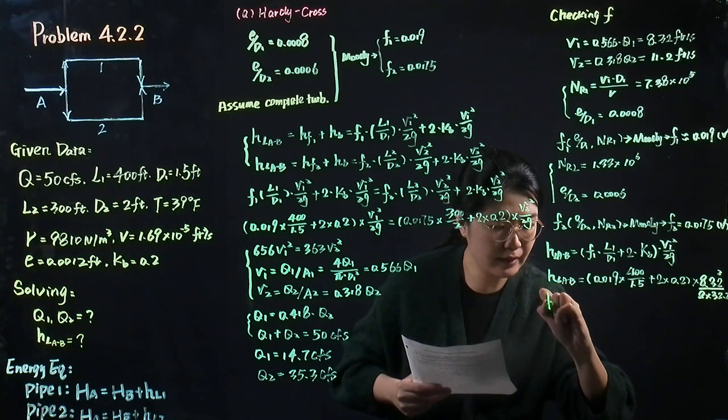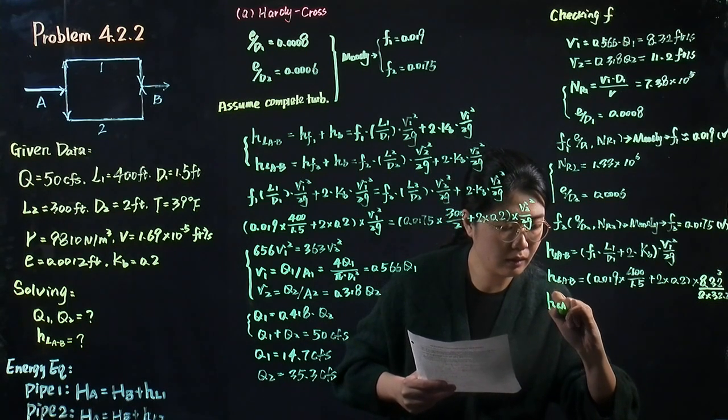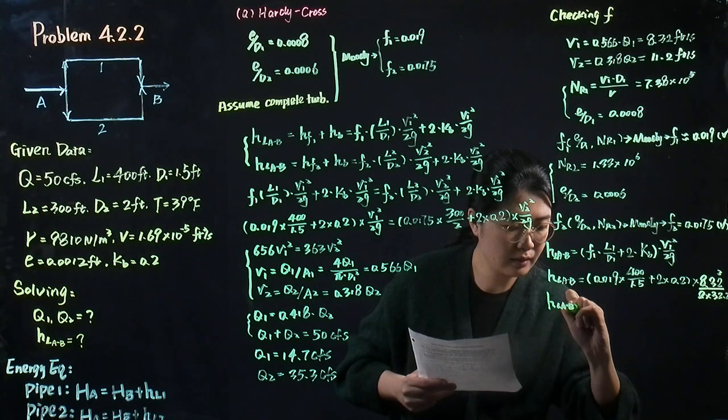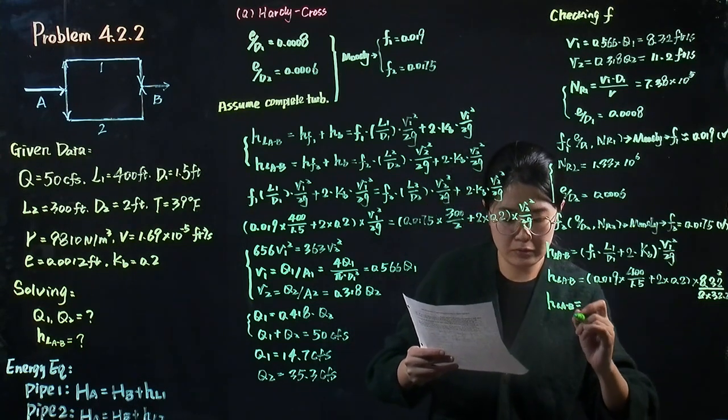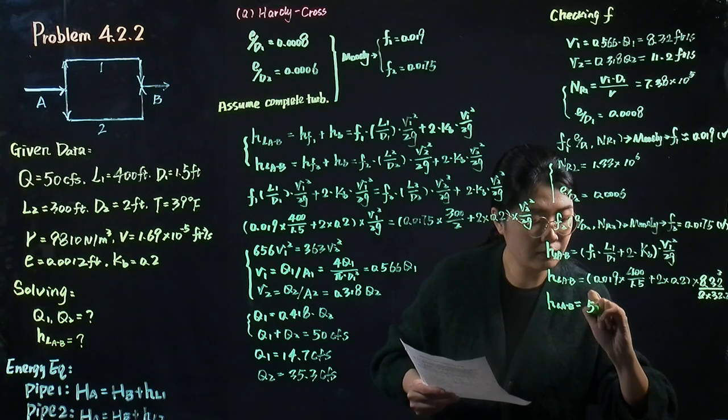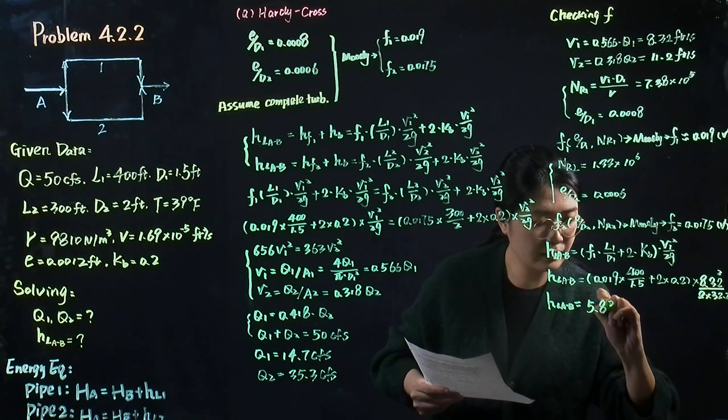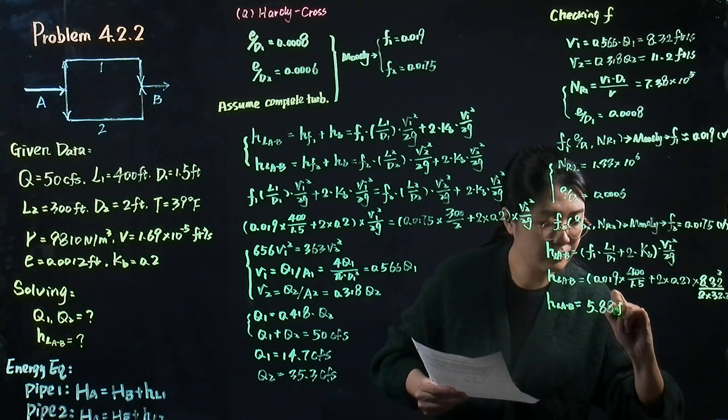Then we can get a value of head loss from A to B. It equals 5.88 feet.